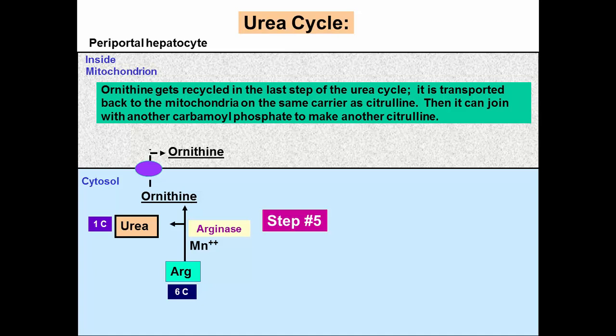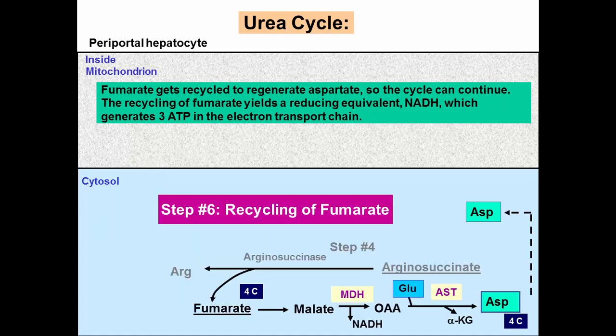So now we've got the nitrogen, carbon, nitrogen structure that I wrote on the other slide. And it recycles ornithine. So now ornithine is available to go back into the mitochondria on that carrier that was bringing citrulline out, and we can continue the cycle. I've tried to make this as clear as possible to you all.